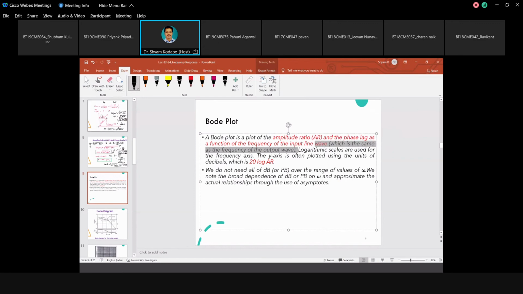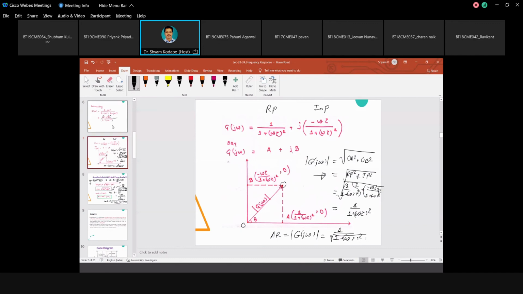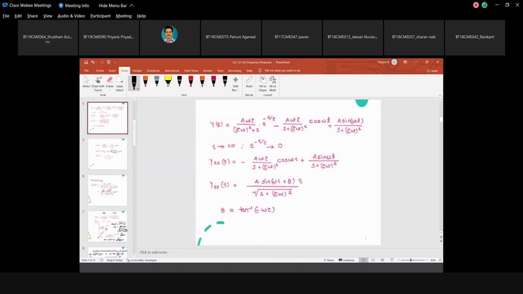If you observe the equation, output is nothing but amplitude ratio. What is its amplitude? A upon under root 1 plus omega tau square. Y-axis is the output. This is the output amplitude.